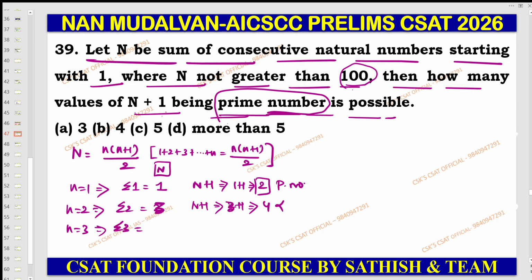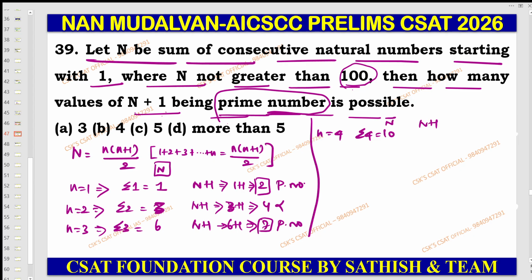So n is equal to 3. Summation 3 is nothing but what? 1 plus 2 plus 3, 6. So capital N here is 6, which means N plus 1 is 6 plus 1, 7. Yes, prime number. A lengthy question but able to do. n is equal to 4. What is summation 4? Summation 4 is equal to 10. This is the capital N. So capital N plus 1 is 11. This is also a prime number.